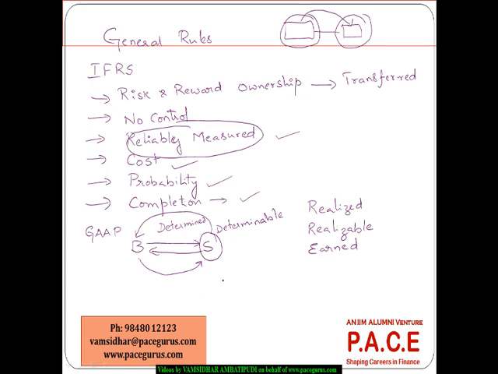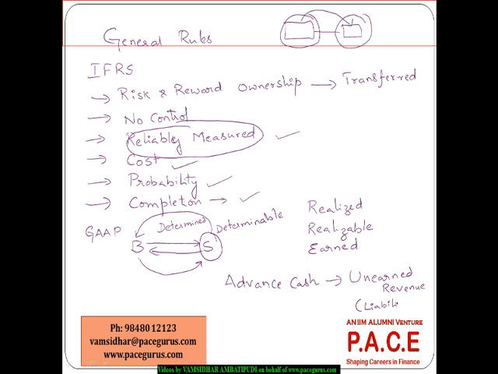But in case there is an advance receipt of cash before the service is actually rendered or the good is actually delivered, then whatever revenue is not for the current period would be for a future period, which means right now it goes as a part of unearned revenue, which is a part of the liability.